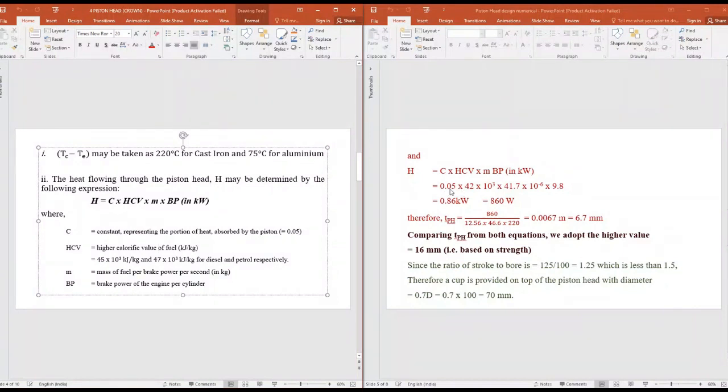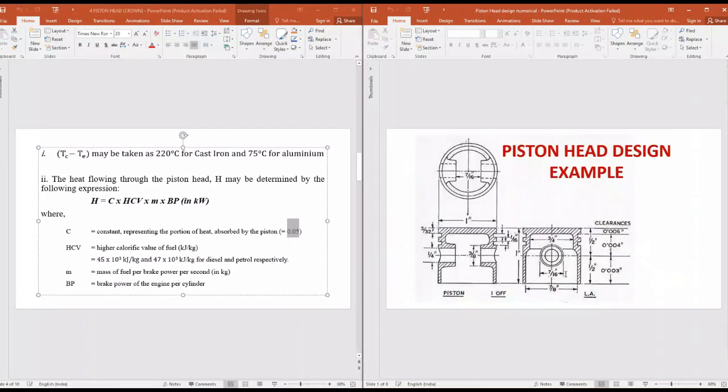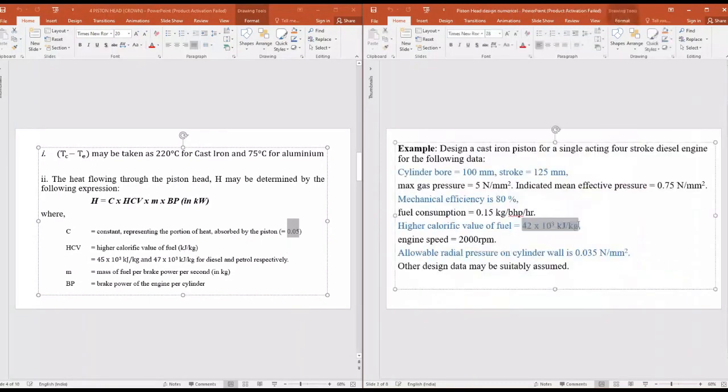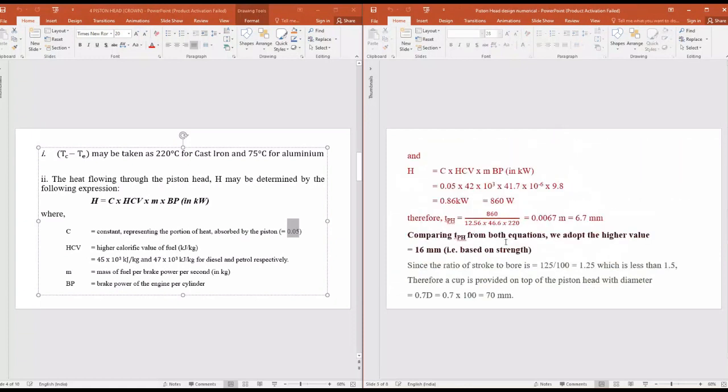Here C is a constant, taken as 0.05. HCV is the higher calorific value in kilojoule per kg. In the question we have it in kilojoule per kg, so we can directly put the value 42 into 10 to the power 3 into 41.7 into mass.